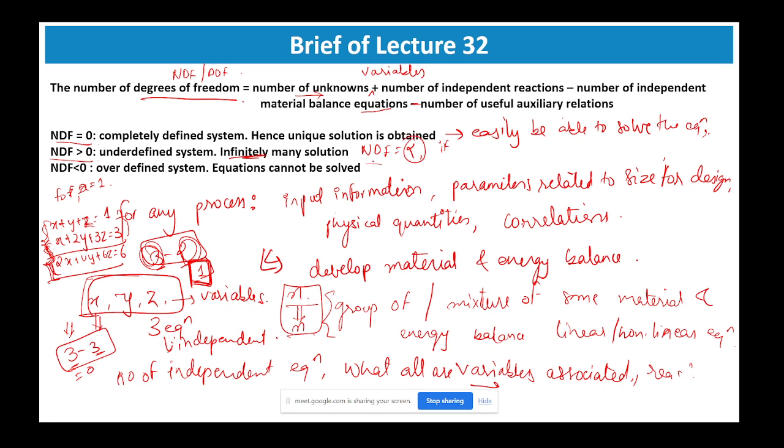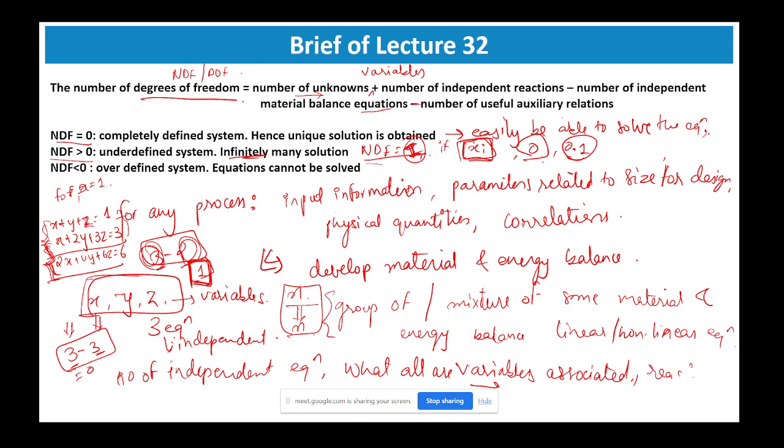So for example, NDF is 2, or NDF is let's say 1. Okay, NDF is 1. So say for example, you need to supply the mole fraction. If you choose mole fraction equals 0, then you will have some answer. Then if you have mole fraction equals 0.1, then you will get another solution.